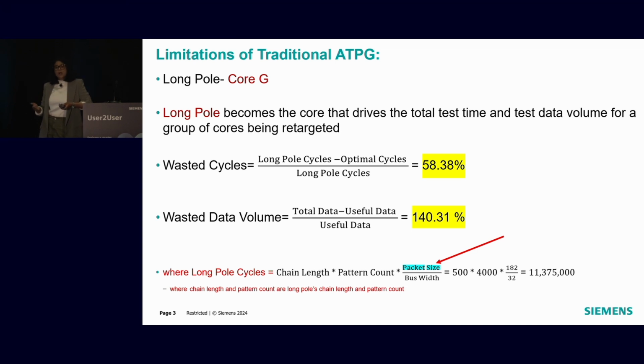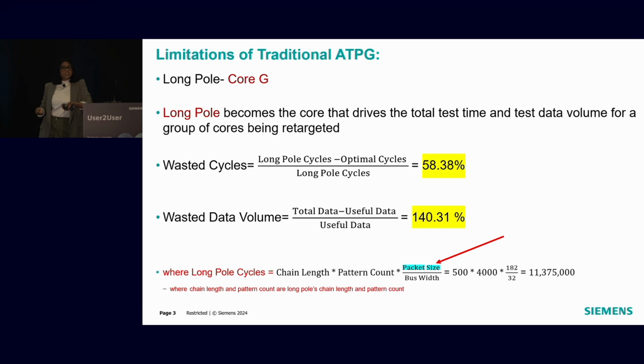If your bus width is not 182, then this whole long pole cycles expression gets multiplied by another factor, which is your packet size by the bus width. In my particular example, the bus width that I am taking is 32. That means you are reserving 32 input pins for your SSN bus and 32 output pins for your SSN bus.